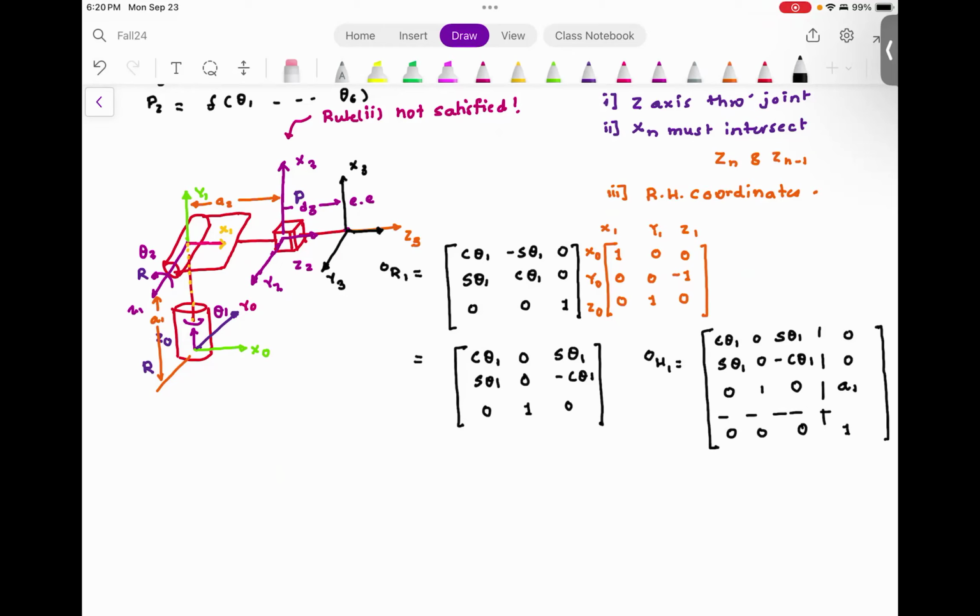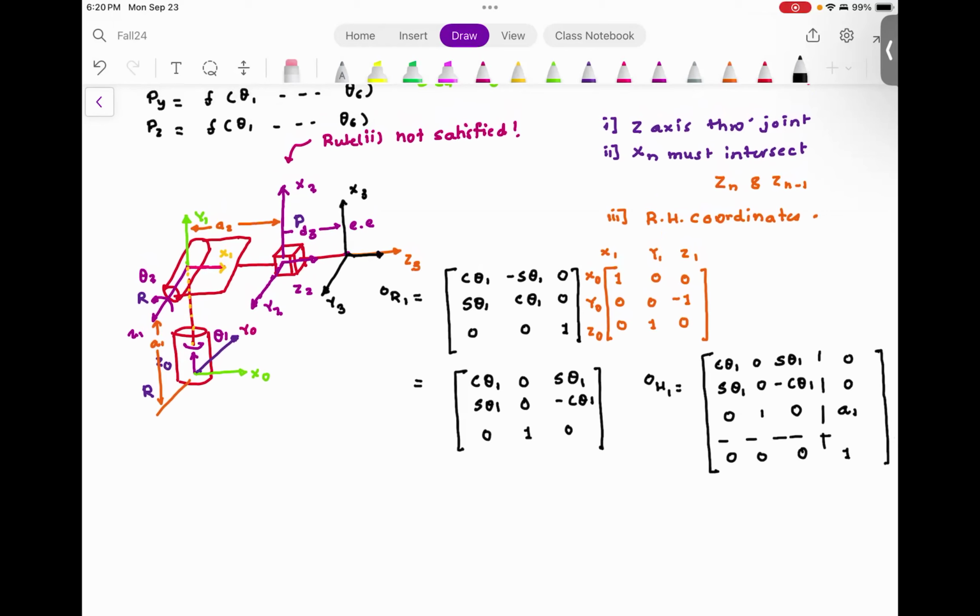Next part is now I need to go to the second frame, but the problem here is the rules are not satisfied. If the rules are not satisfied, then I need to translate the frame from here to here.